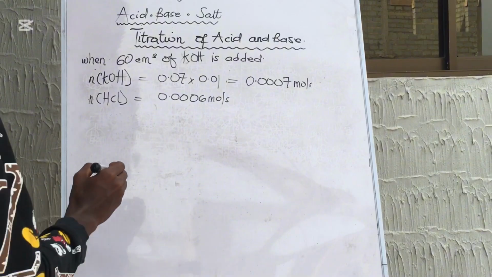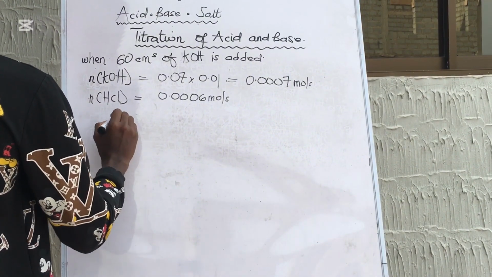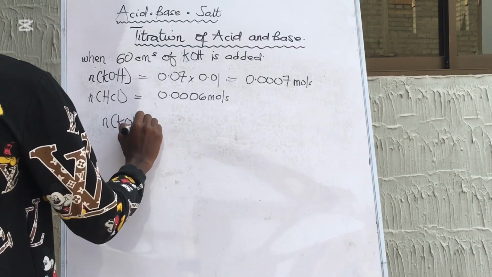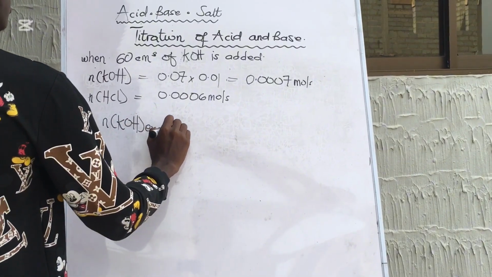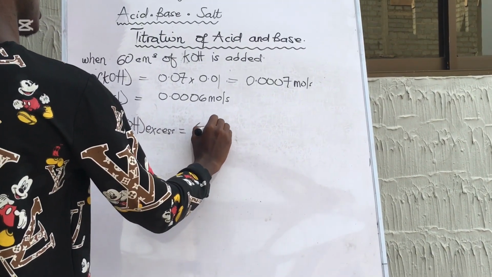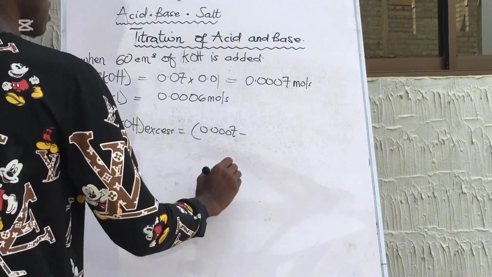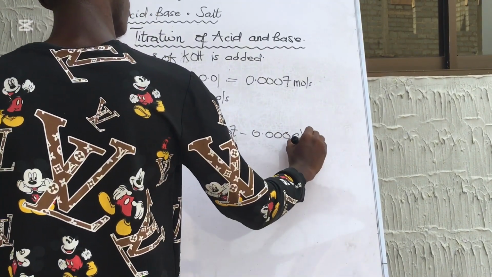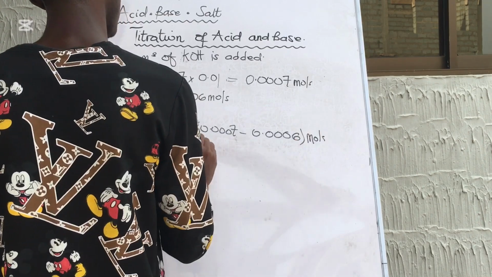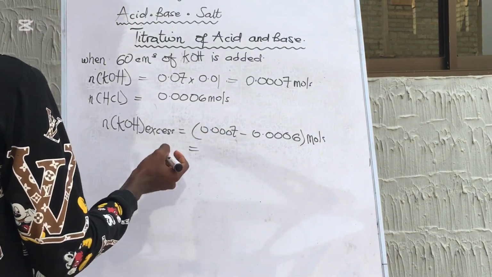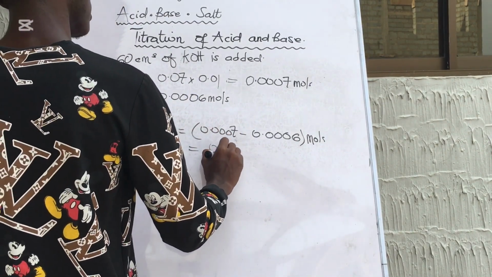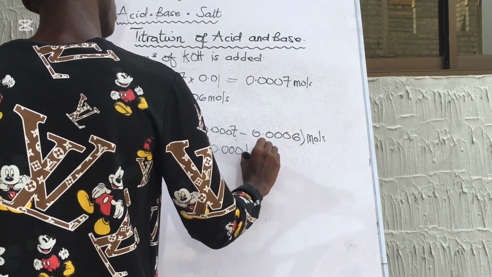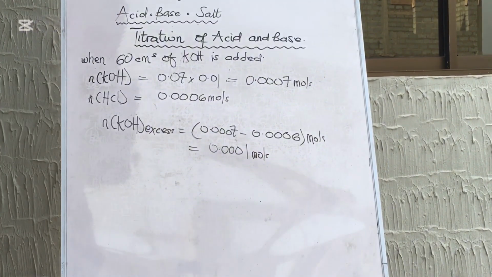Now, our KOH, which is the excess, will be given as 0.0007 minus 0.0006 moles. And what will be left as the moles of the KOH is 0.0001 moles. So this is the moles of the KOH that will be in excess.